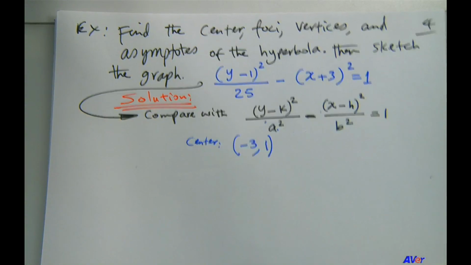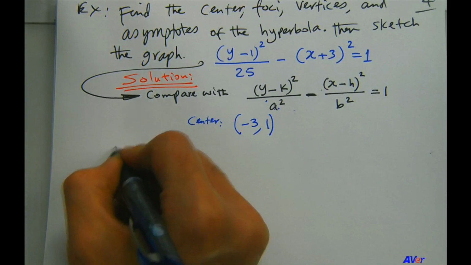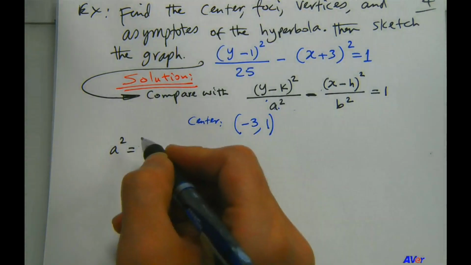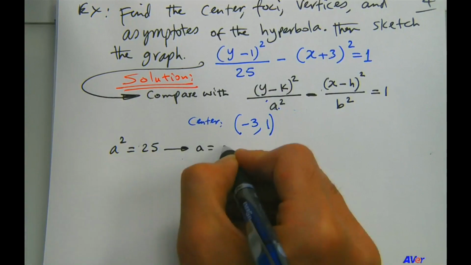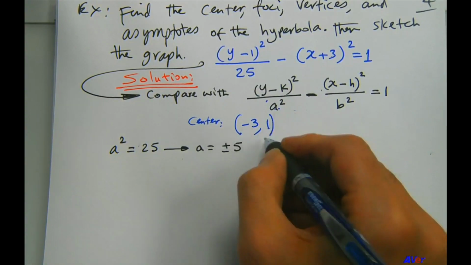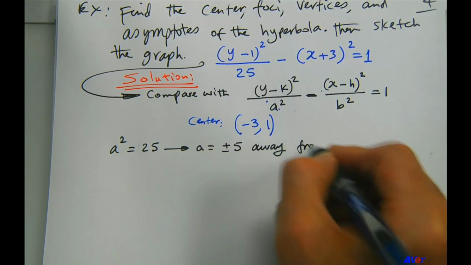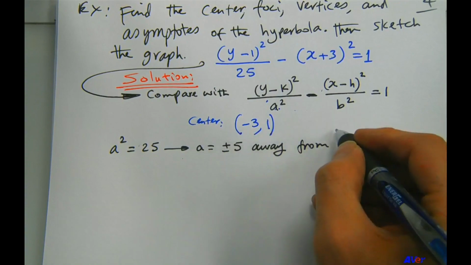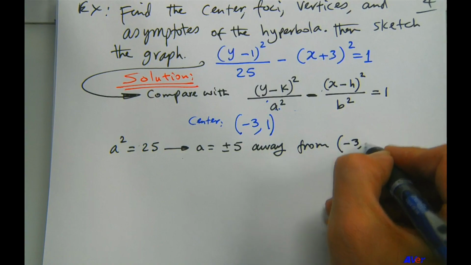Okay, so let's find a squared. These are the vertices, so a squared equals 25, therefore a is equal to plus or minus 5 away from the center, minus 3 comma 1.